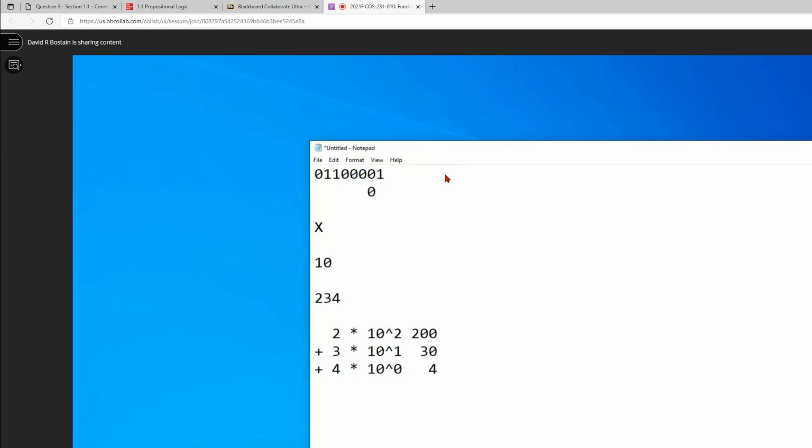You can tell my keyboard's off by 1. Second power, third power, fourth power, fifth power, sixth power, finally the 7th power. These numbers, of course, are in decimal. This number we're assuming at the moment to be in binary.